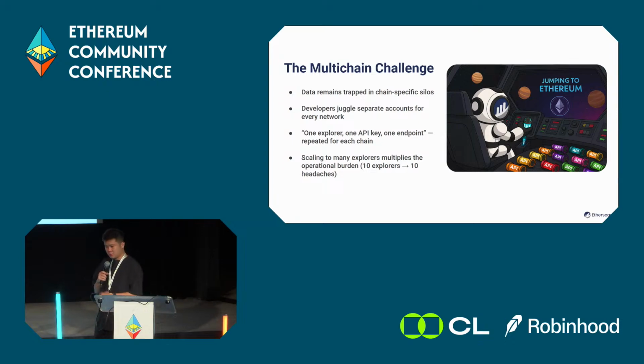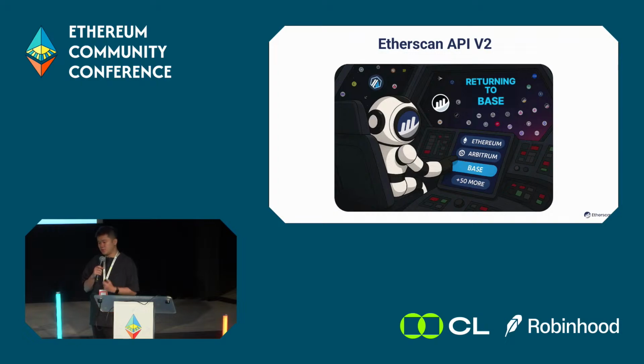One explorer and one API key, and then explorer-specific endpoints, and scaling your application will be hard if you're deploying on multi-chain. So what we changed here is that we introduced our Etherscan API v2.